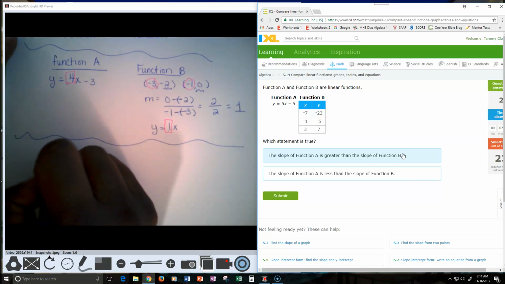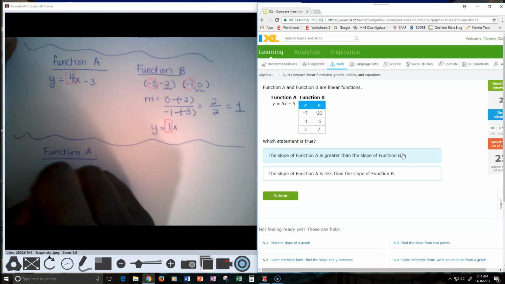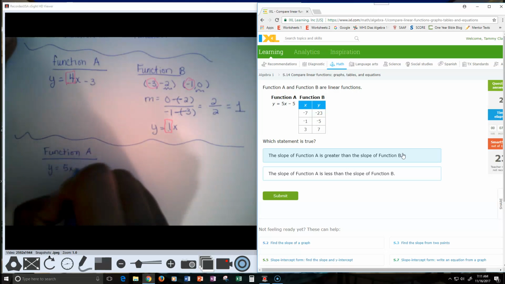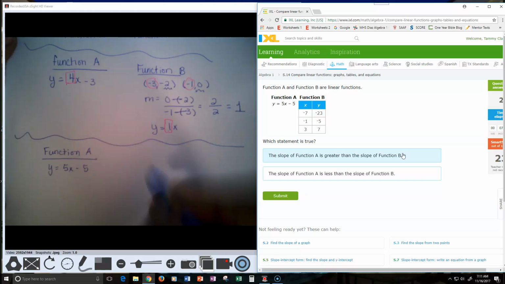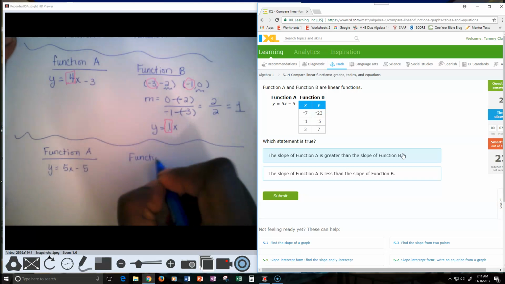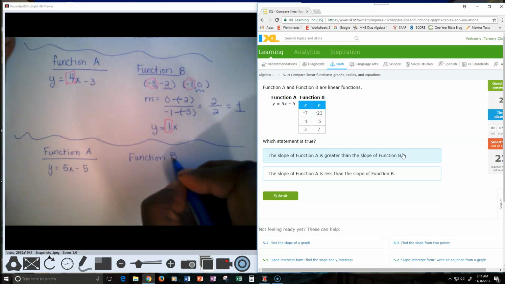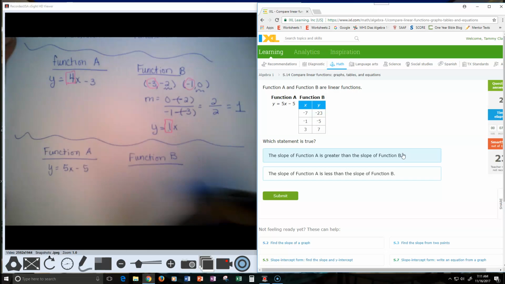Function A is y is equal to 5x minus 5. And then we're going to do the same thing for the table. And I just like using the two ordered pairs because it just makes it easier for me. This time, I'm not going to write this as ordered pairs per se.